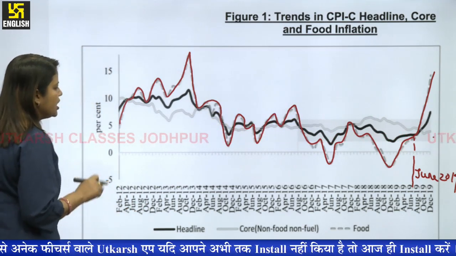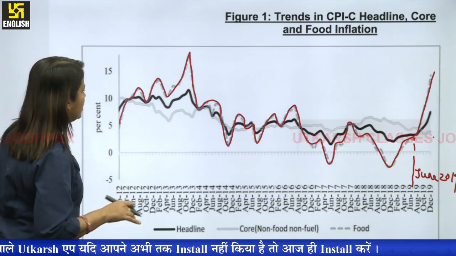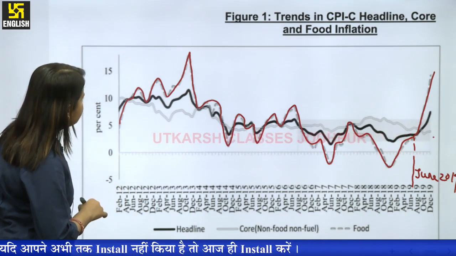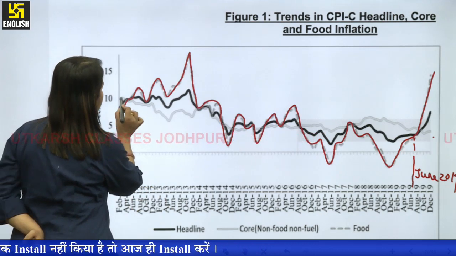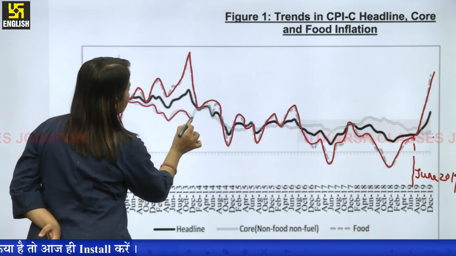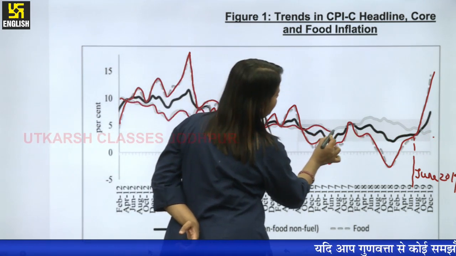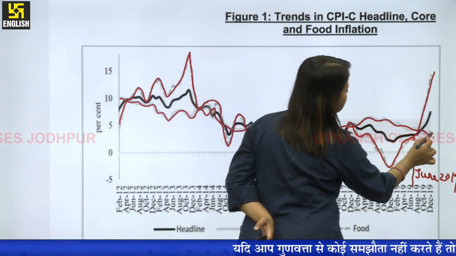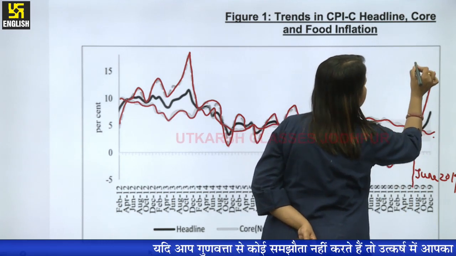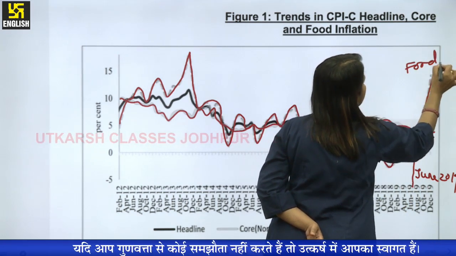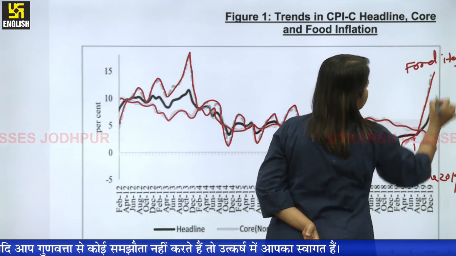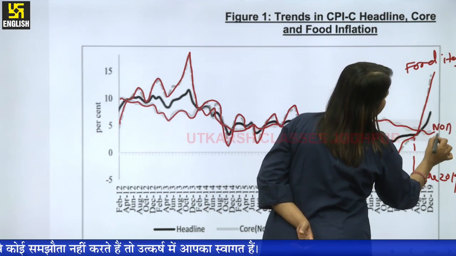And when we see the non-food or non-fuel indices, this is the line of non-food inflation. We see that there is not much increase. This is the line of food items, and this is the line of non-food items.